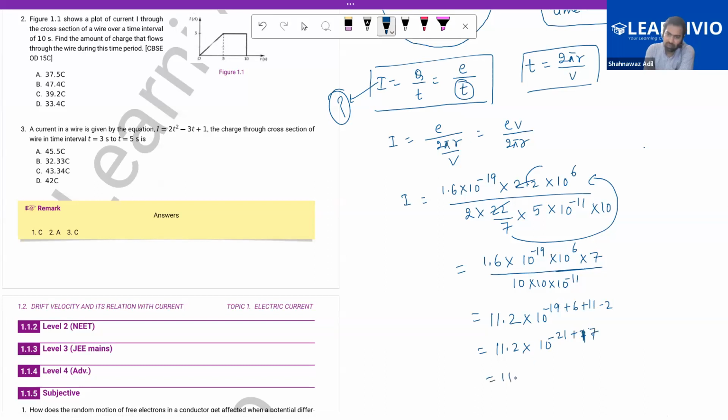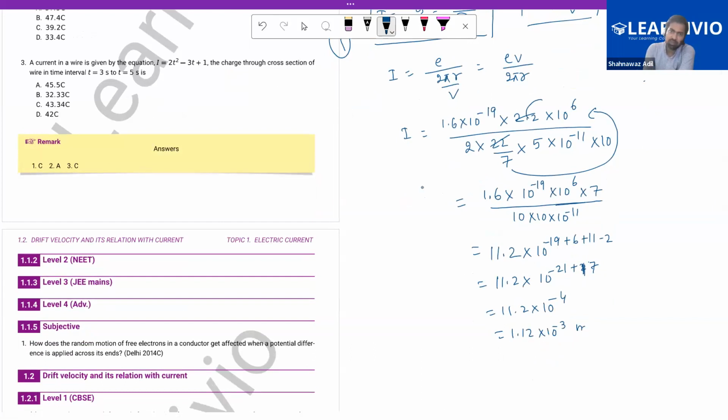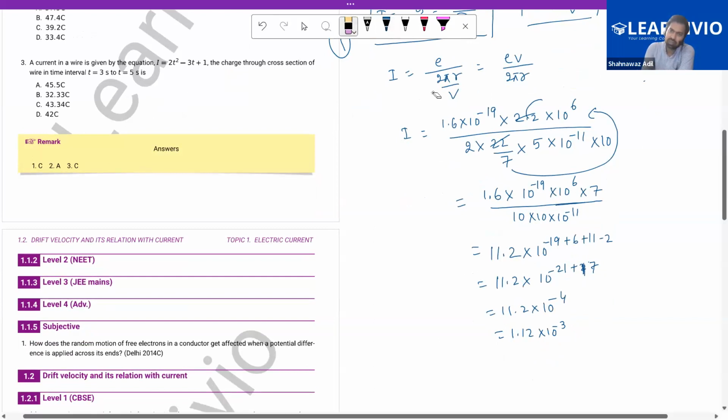So this is 11.2 into 10 to the power minus 4. We can write it as 1.12 into 10 to the power minus 3. Not meter, but this is current, so amperes.